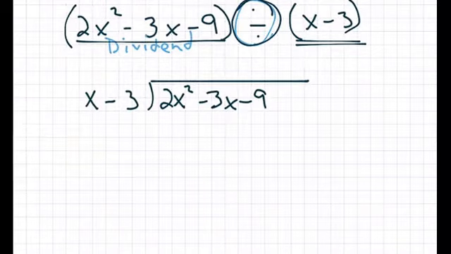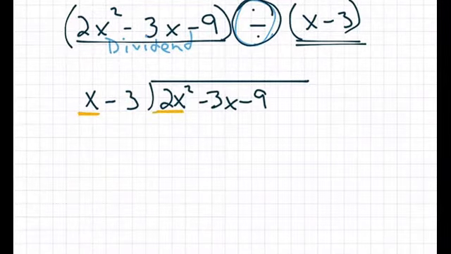Since this is a binomial being divided into a trinomial, we are actually seeing how many times does this binomial go into this trinomial. All right? But to do that, we are only going to focus on the first terms of both of those.